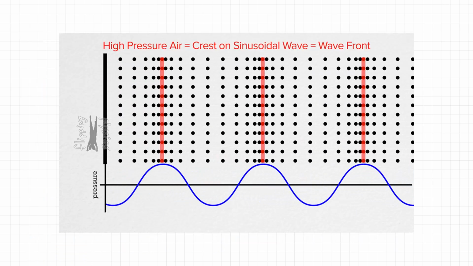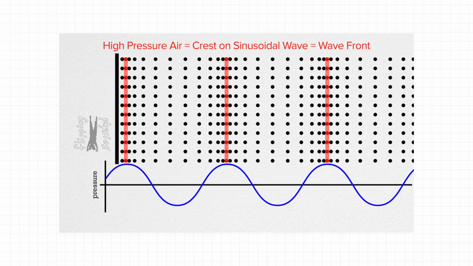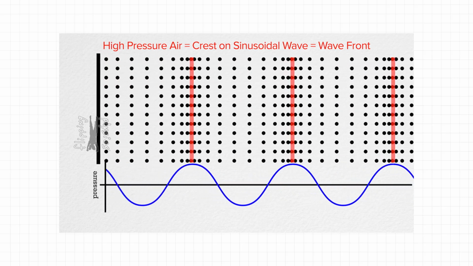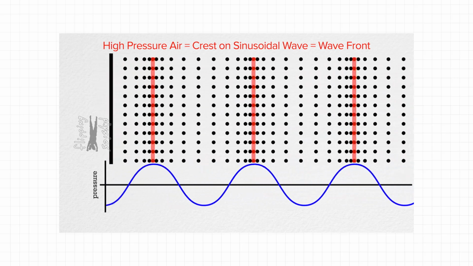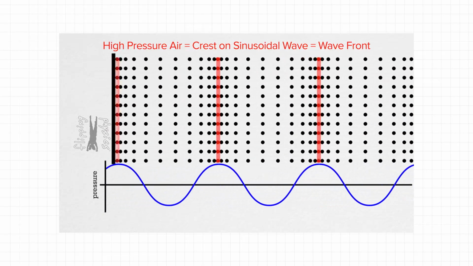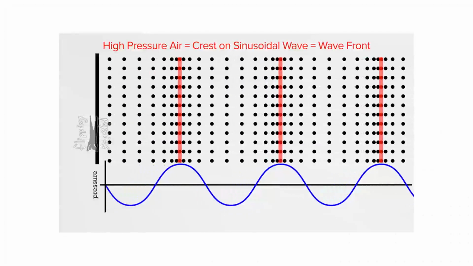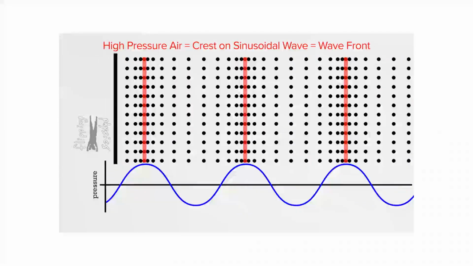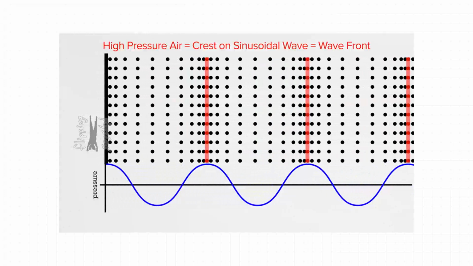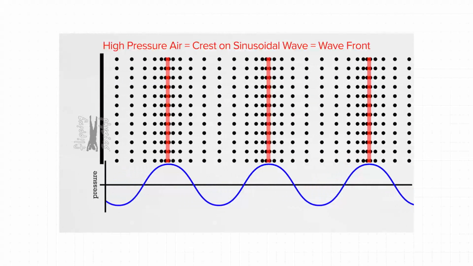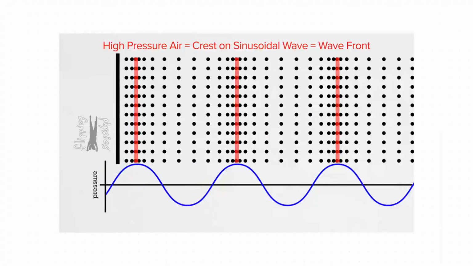So we have these areas of compression and rarefaction, and what we're actually getting is an oscillating motion back and forth, a changing pressure, and it allows the sound wave to propagate through the air without the air actually moving.